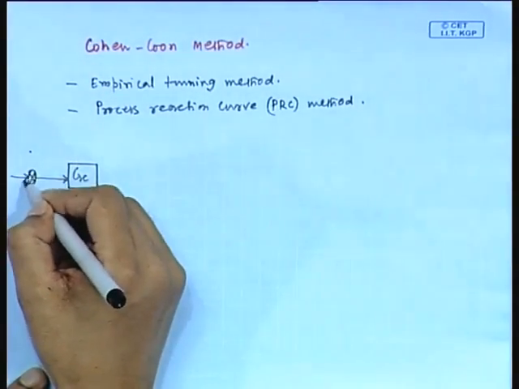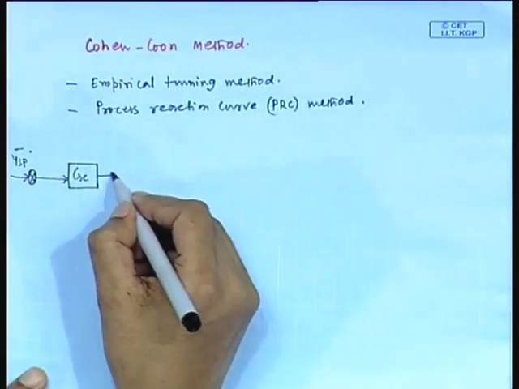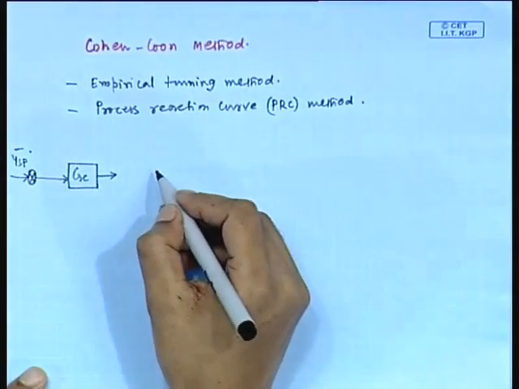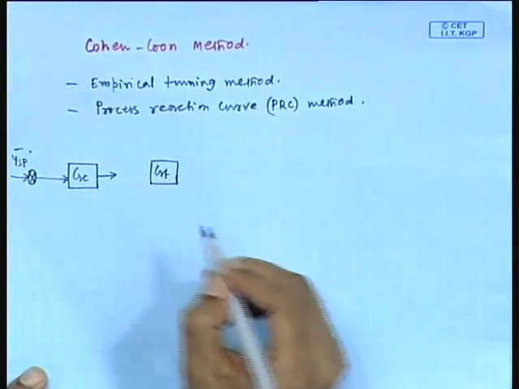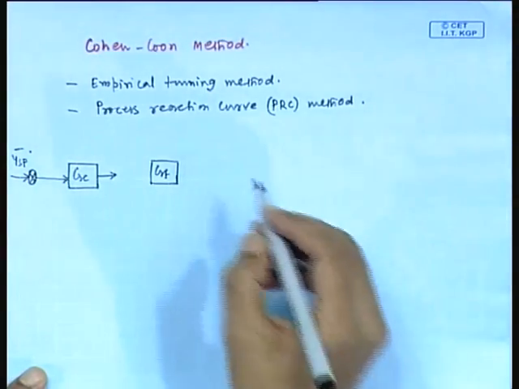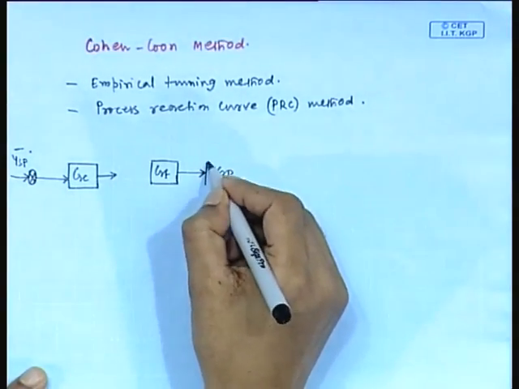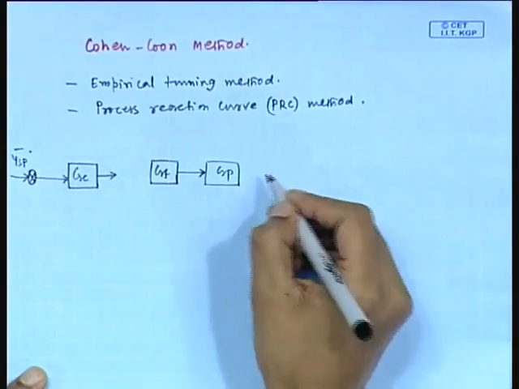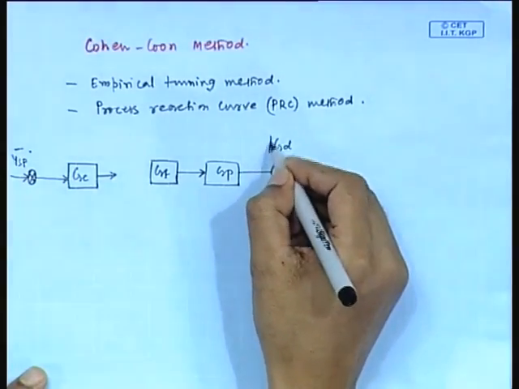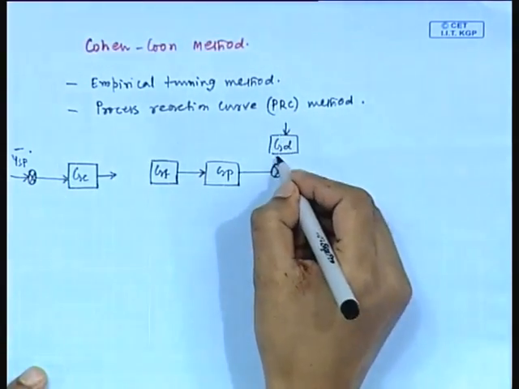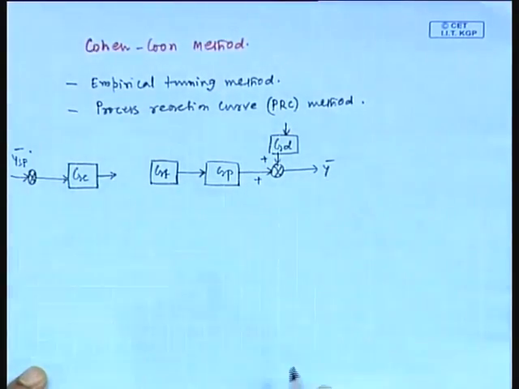Say this is Y set point, this is controller output, this is the block for final control element, then the process, disturbance, and process output.